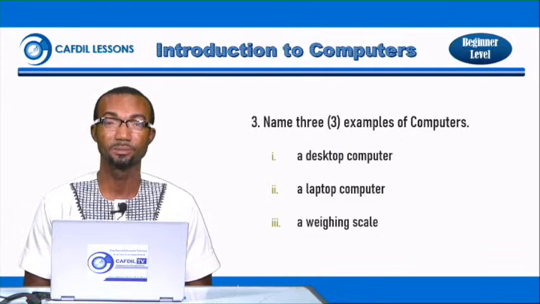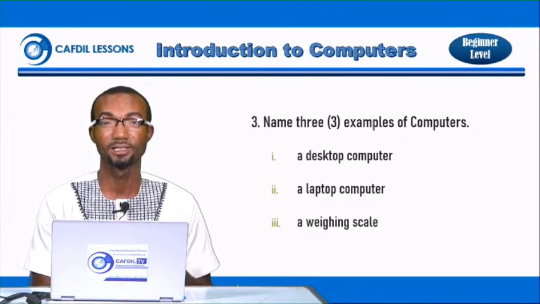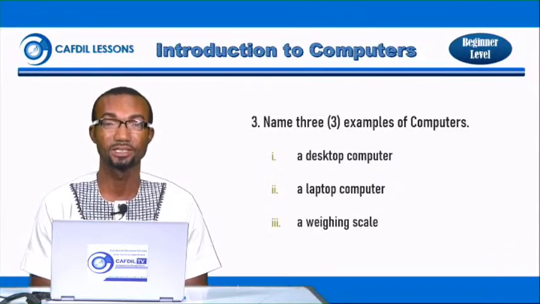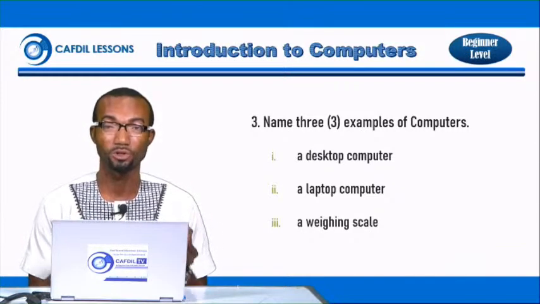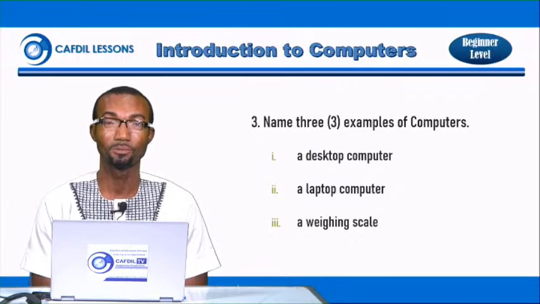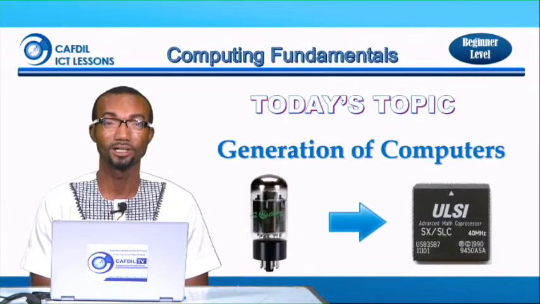So the weighing scale, both the one we use to check the weight of human beings and the one we use to check the weight of objects. We saw all the pictures the last time in that lesson. Viewers, I hope you all did the homework and you had the questions correct.